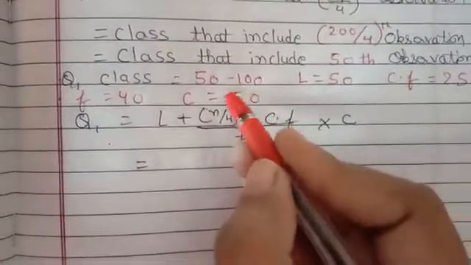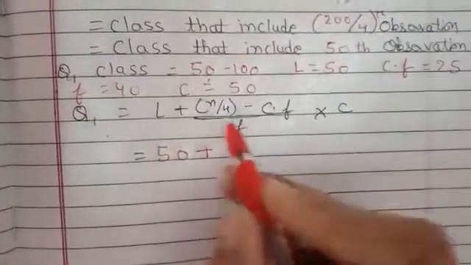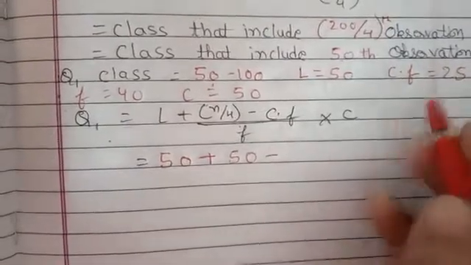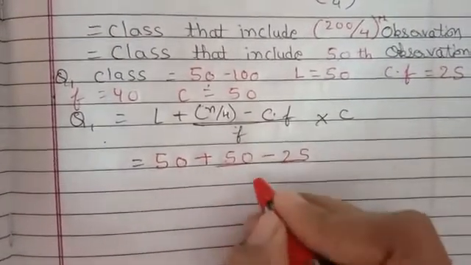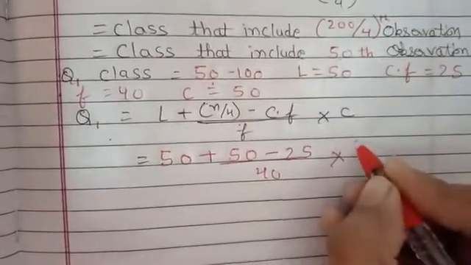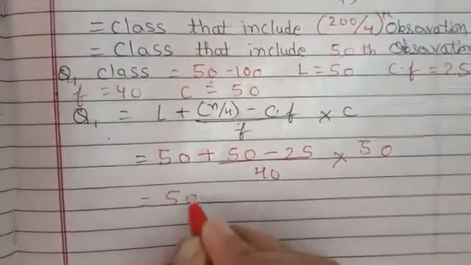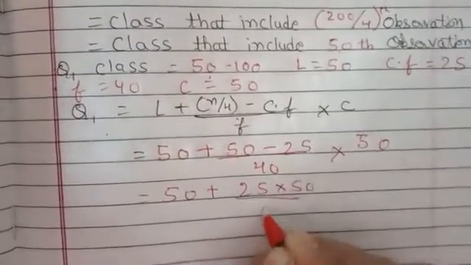What is our L? The lower boundary point of the Q1 class, that is 50, plus N upon 4, that is 50, minus CF, 25, upon frequency 40, multiplied by class length 50. So that is equal to 50 plus 25 multiplied by 50 upon 40.